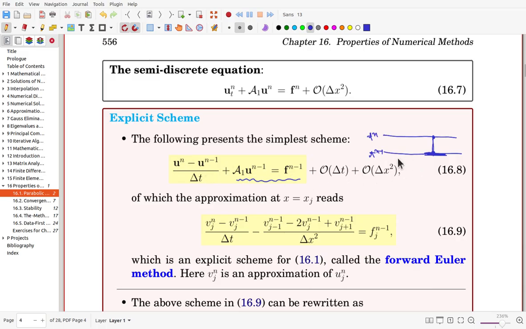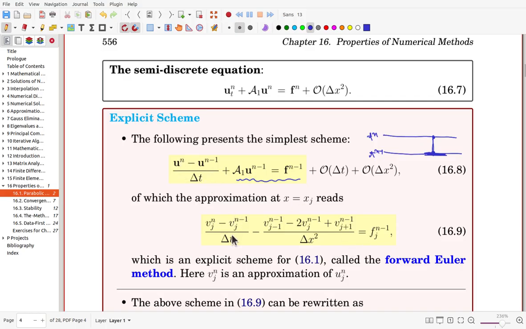Because everything is on this level, this time derivative is a kind of forward scheme, so we call it the forward Euler method. By ignoring this portion, the value v is an approximation of u, so we can write it in detail.